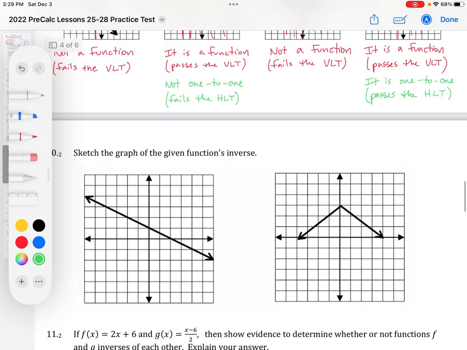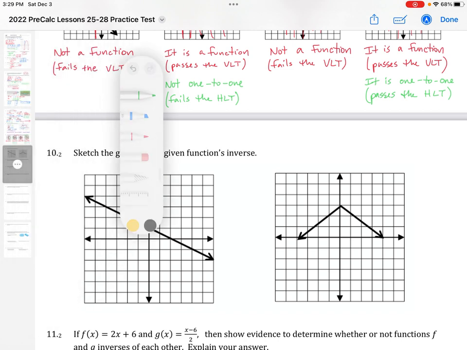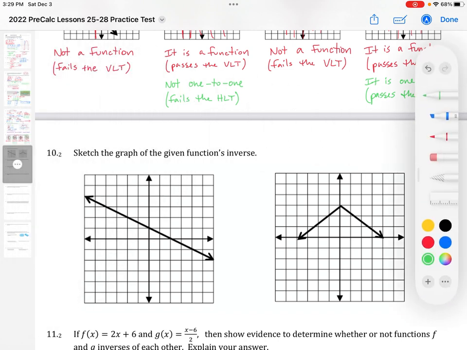Okay, so now we're going to look at some graphs, and we will graph the inverse function. So for number 10, to start out here, we're going to make a table of x, y values. So I'm just going to pick a few values on this graph to use.